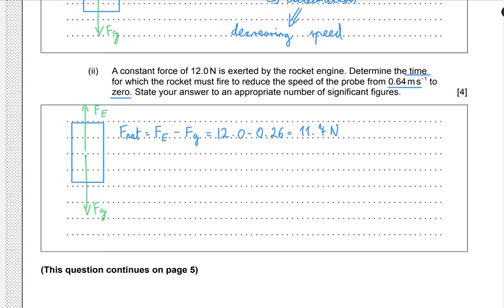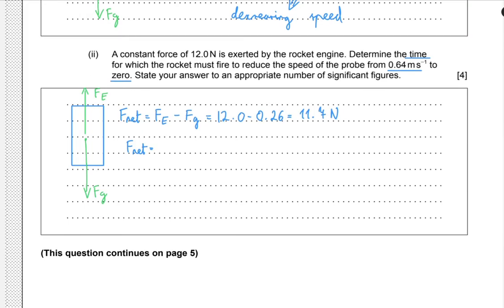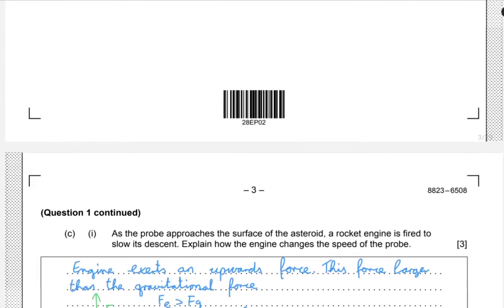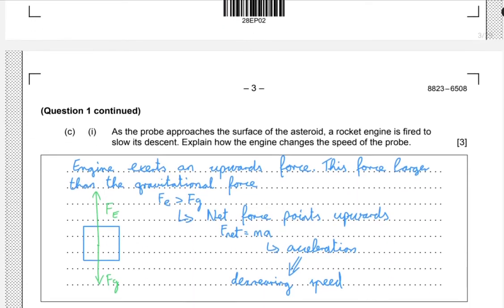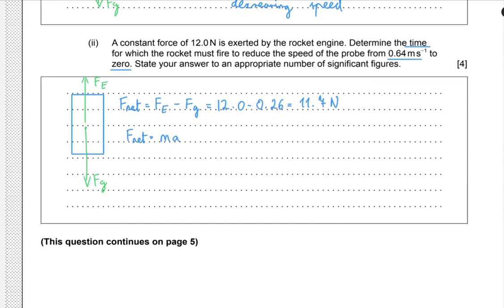And now we know the net force, and from Newton's second law we know that the net force is just the mass times the acceleration. And we also know the mass. This was given to us in the first part of the question, 95 kilograms. So we can just plug into this equation.